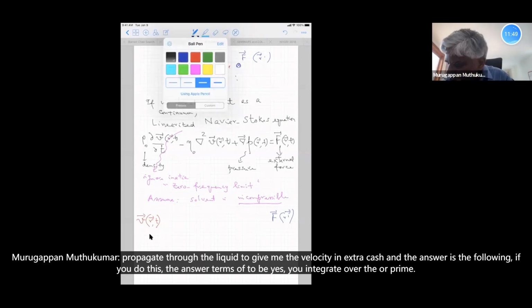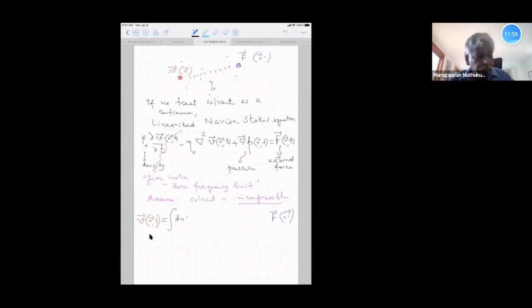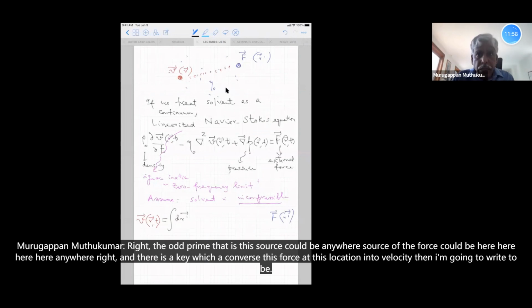You integrate over dr prime, that is, the source of the force could be anywhere, here, here, here, anywhere. And there is a kernel which converts the force at this location into velocity.